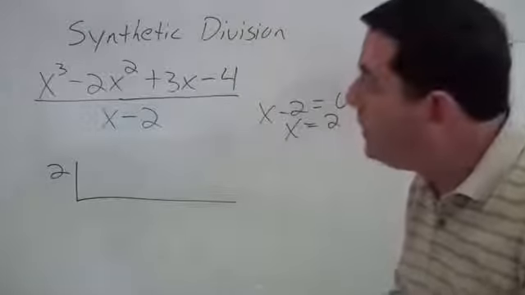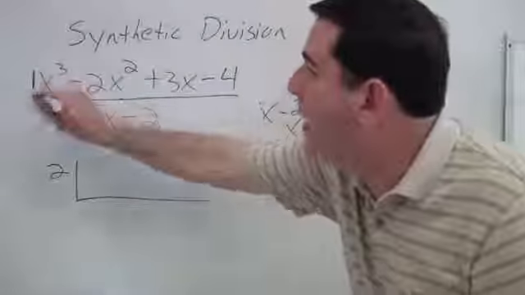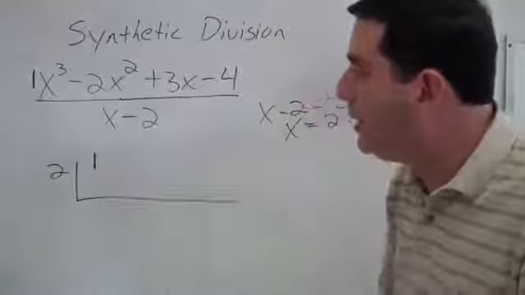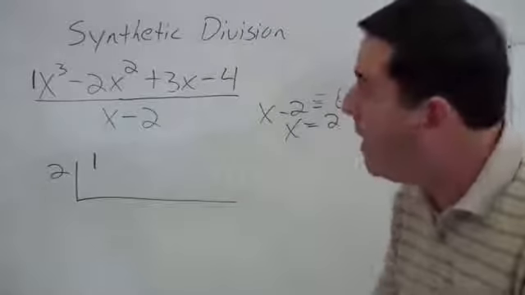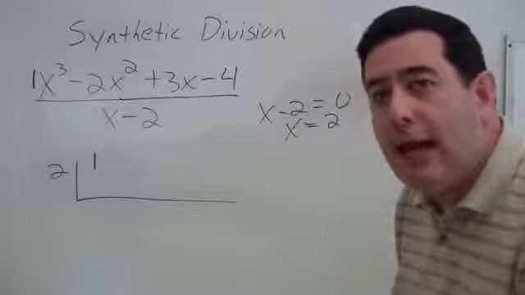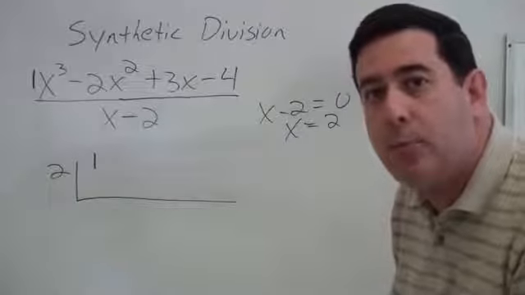When we start this problem listing the coefficients on the inside, it is a 1x cubed that we start off with. So the first slot inside our box is going to be a 1 for that 1x cubed. Now, before I go any further, I need to be sure that every power of x is represented in this problem.